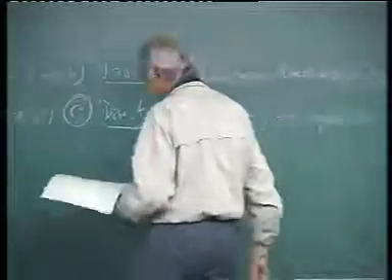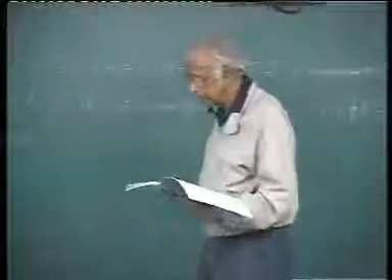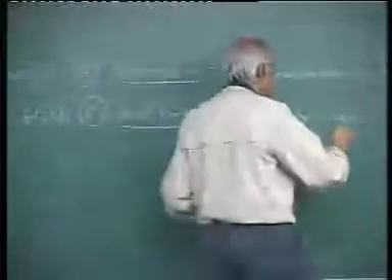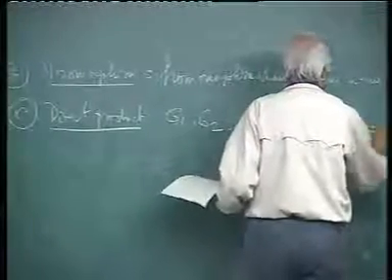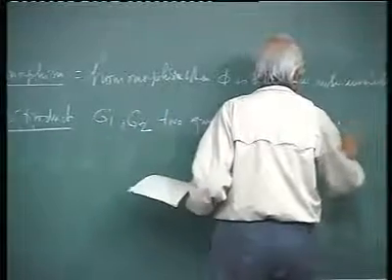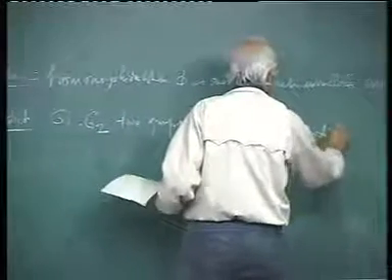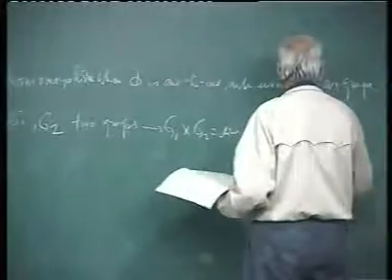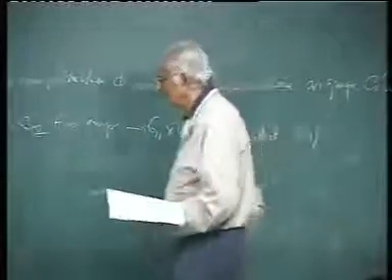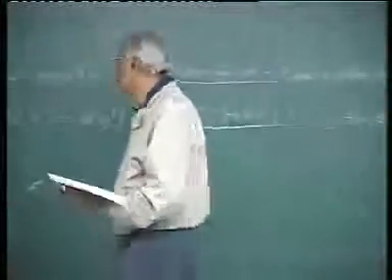Suppose two groups G1 and G2 are given. All right? So then we define a new group which is called the direct product. Now this is such an elementary construction that I will essentially leave it in the form of words.